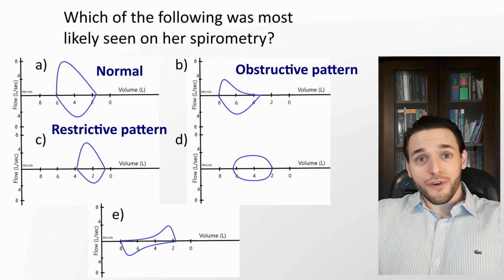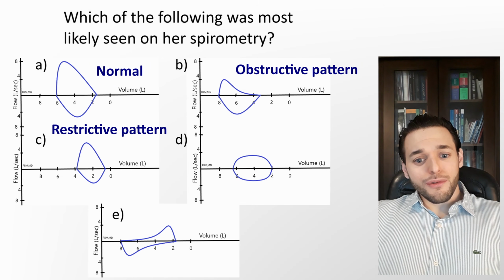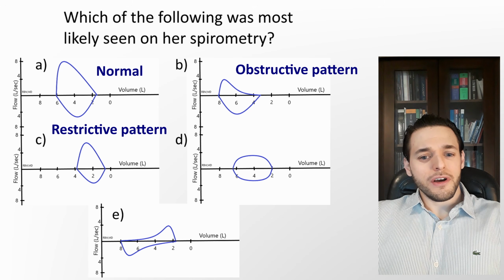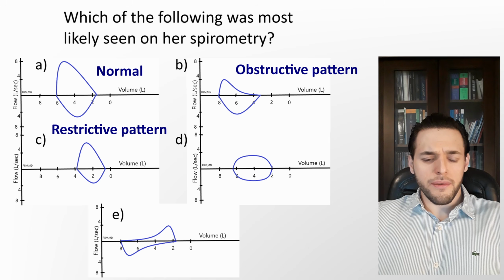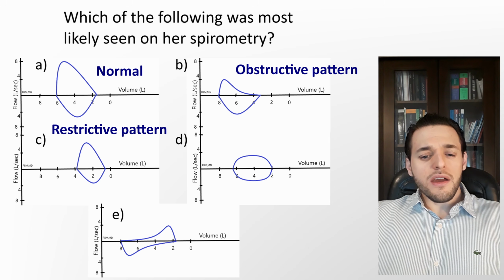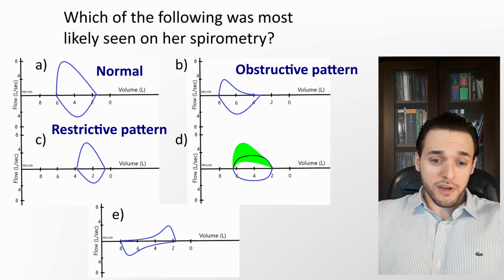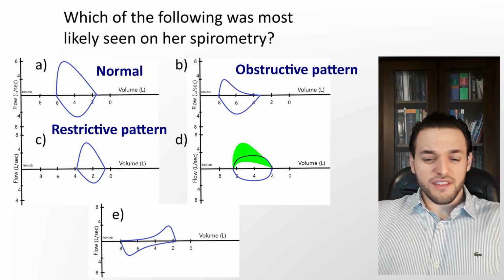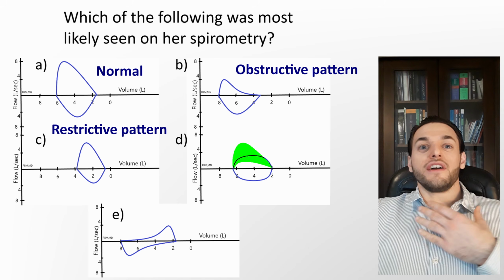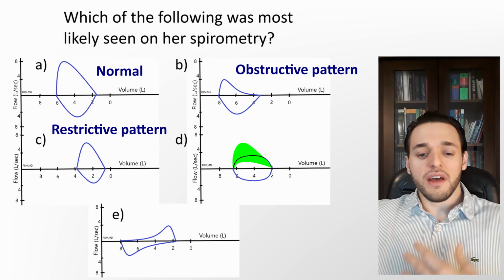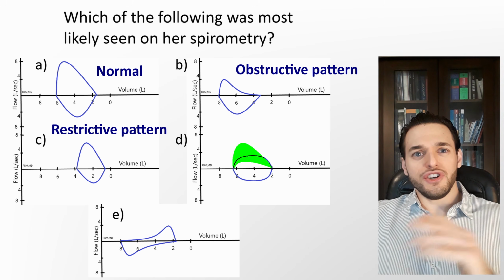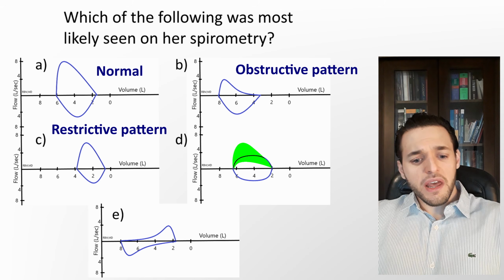Then, just for the sake of completion, on D we have a quite weird looking curve in which you can see that the flow doesn't really vary a lot. You don't have an increase in expiration in the 4 seconds. What you would expect from most curves is that it starts fast when you are expiring, and then it slows a bit, it tapers off a bit.